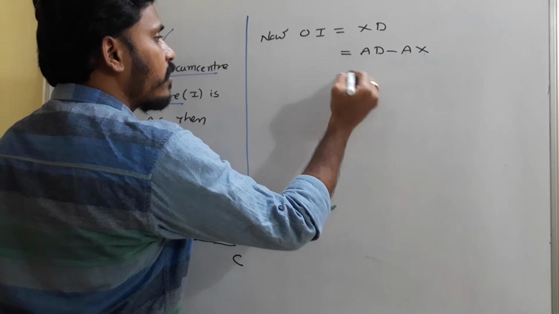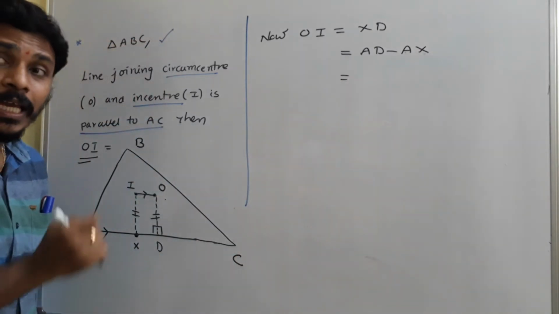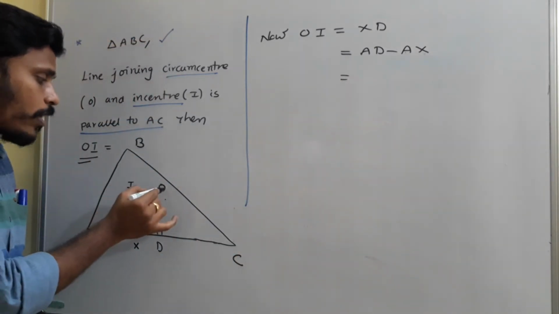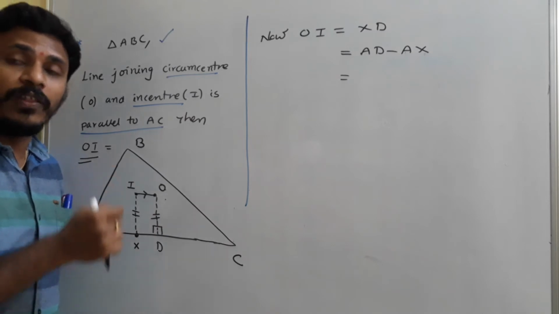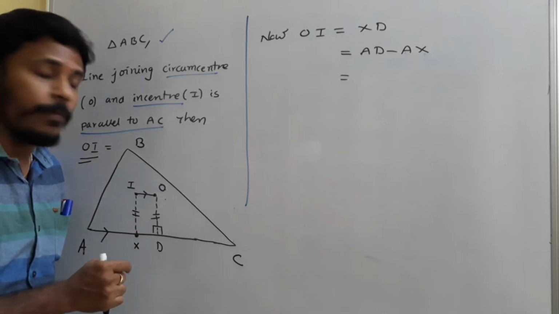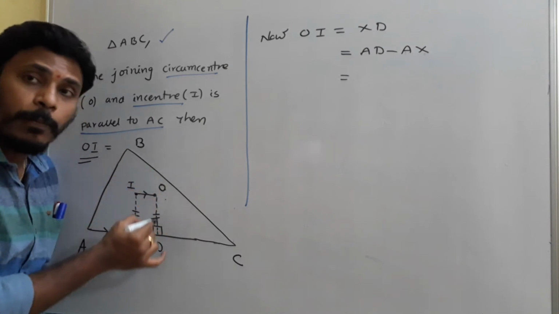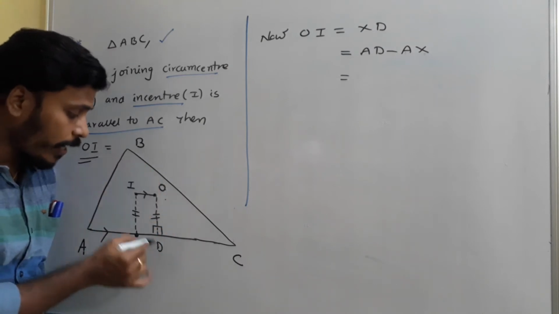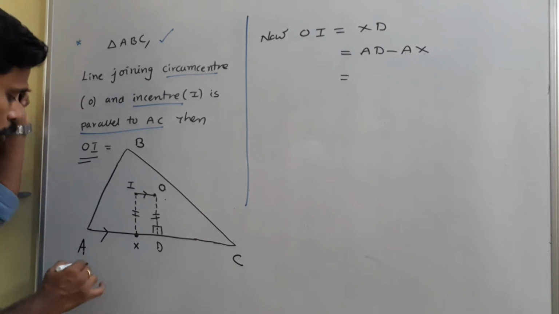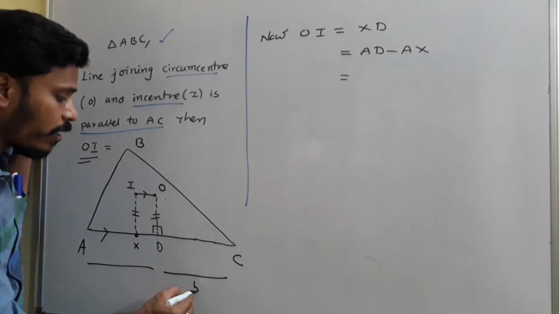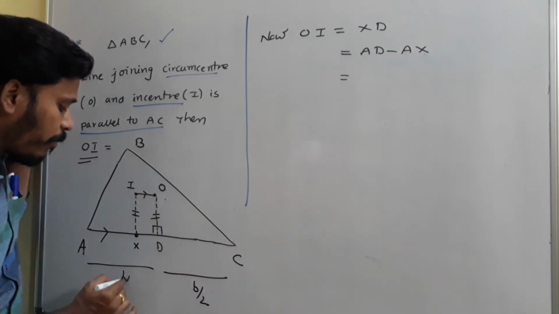What is AD and what is AX? See, this O is the circumcenter. We need to know everything about the circumcenter and incenter. The circumcenter lies on the perpendicular bisector, that's why this D is the midpoint. So AD and CD are both equal to half of this side, B by 2.